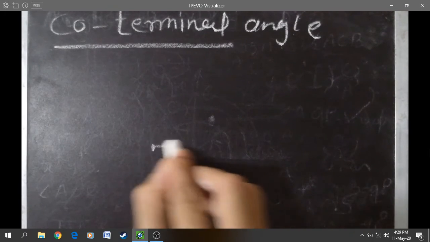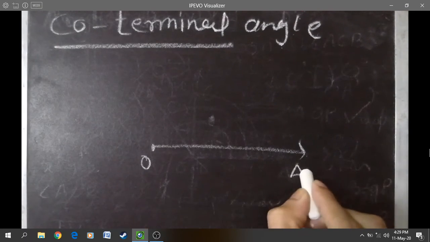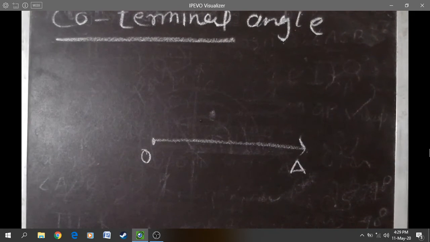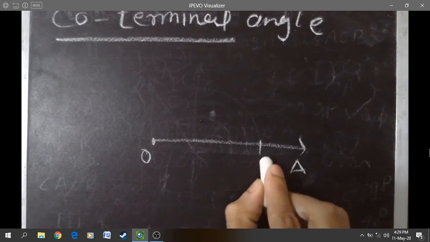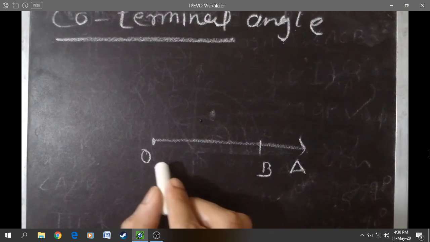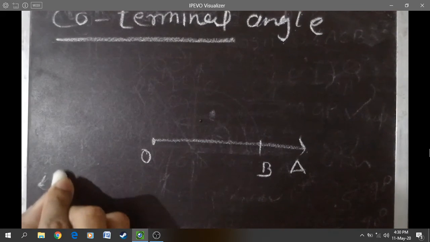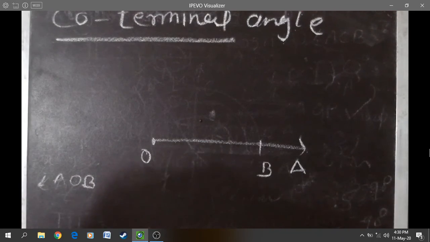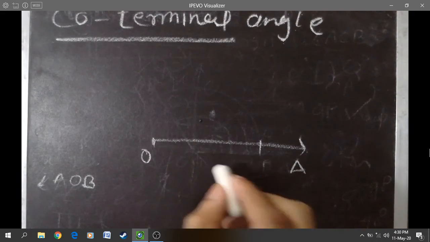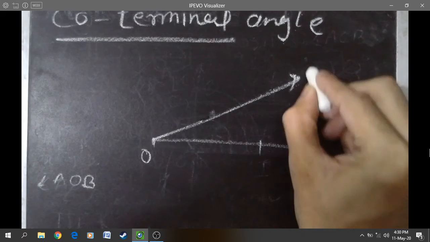So, if OA is our initial ray, then the zero rotation means zero angle, right? Suppose OA is the initial, OB is the terminal, then angle AOB. Suppose we have an angle AOB here, right?